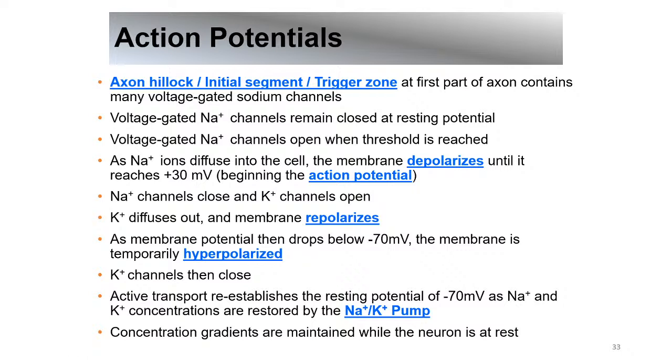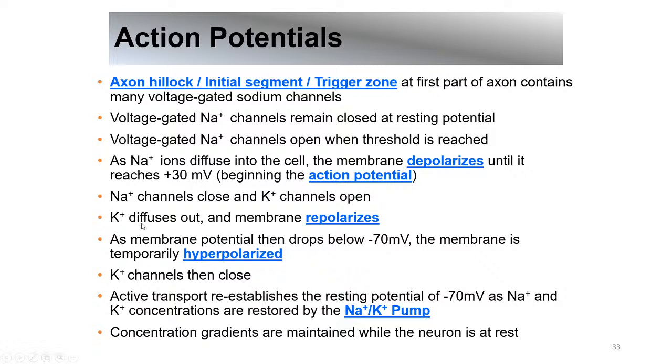And then once we reach this point, once the membrane has become more positive, we are going to open potassium channels. Voltage-gated potassium channels are going to let potassium out of the cell, which makes it more negative. If we let positive charges out of the cell, that's going to make the cell more negative.